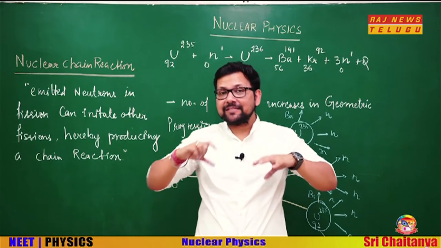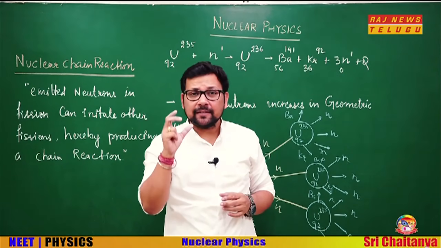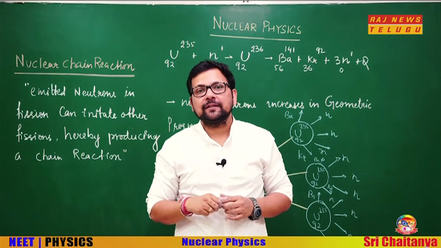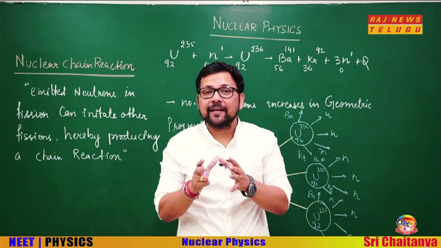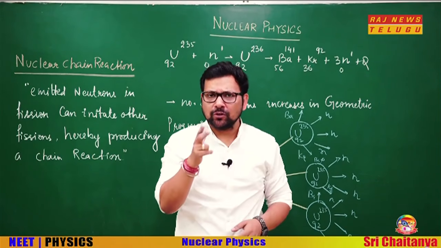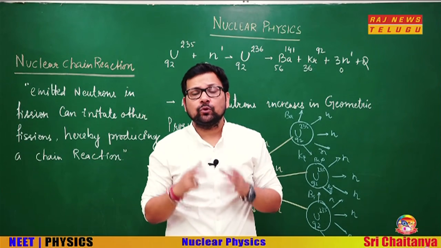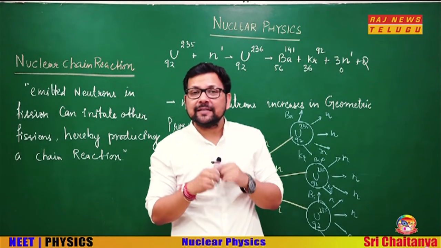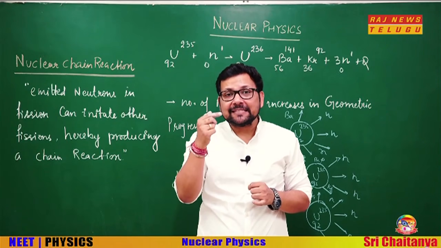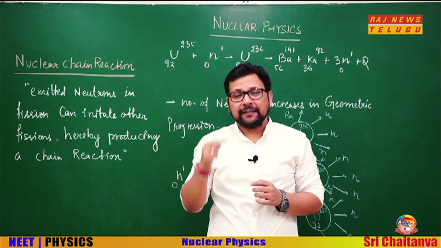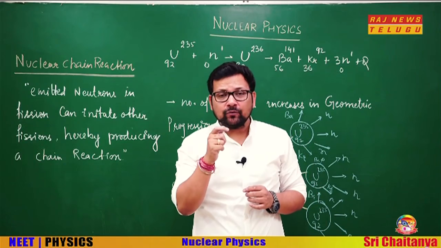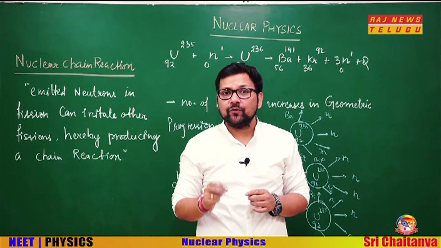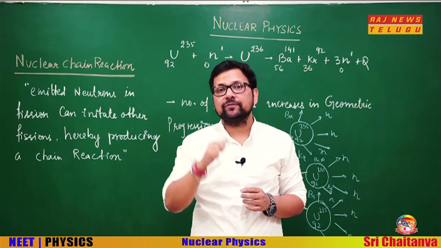See what we have discussed, the energy released in fission is in the form of kinetic energy of the products. So the neutron is also there, no? Those neutrons are also energetic. Now these 3 neutrons will act like projectiles for 3 U-235.